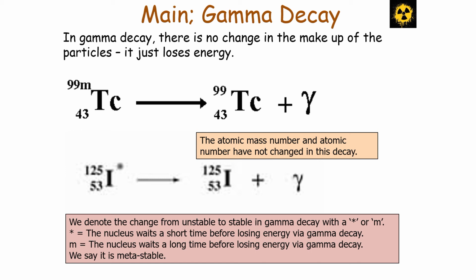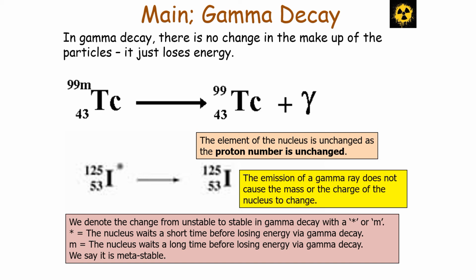If it's M, the nucleus waits a long time before losing energy via gamma decay. If it has to wait a long time to do this, we say it's in a metastable state. In gamma decay, the element of the nucleus is unchanged because the proton number is unchanged.